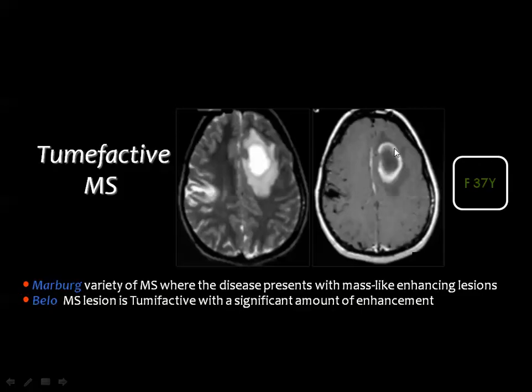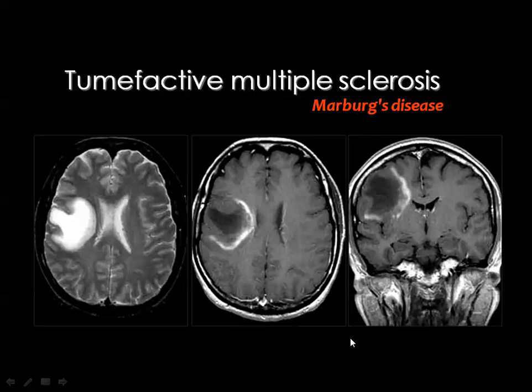You see, there is marginal enhancement which is not complete in this particular area, and this is one of the criteria to separate this type of MS, which is known as the tumor-effective MS, similar to the tumor, from tumors and abscesses, since the glioblastoma multiforme, for example, may show similar enhancement, and also the brain abscesses may show similar enhancement. They are both surrounded by perifocal brain edema.